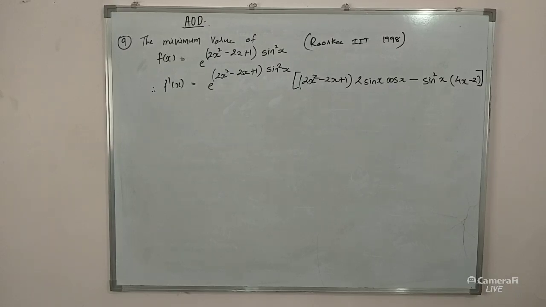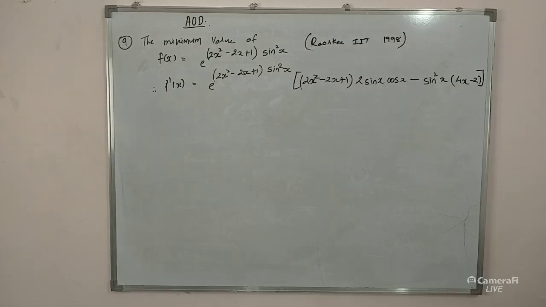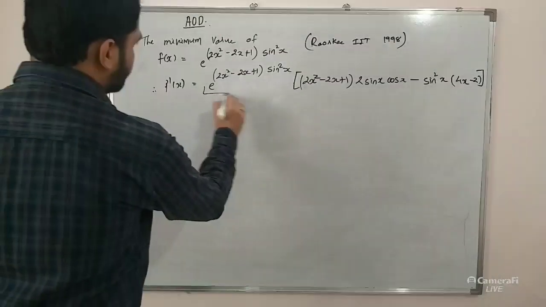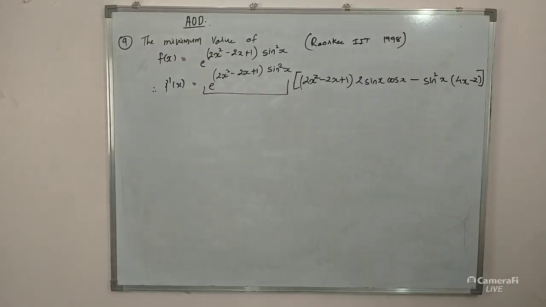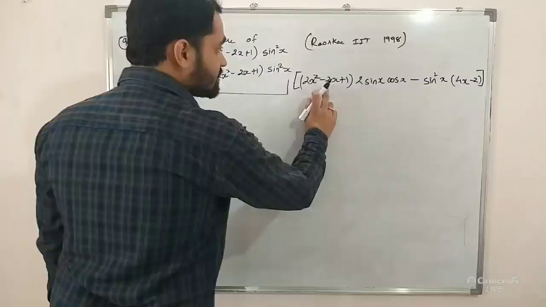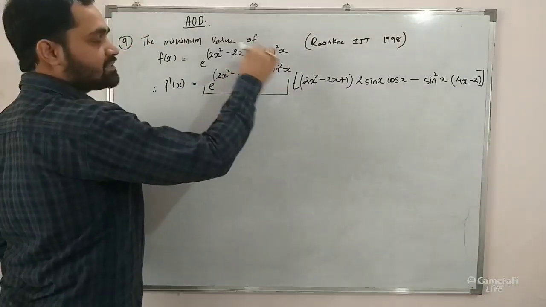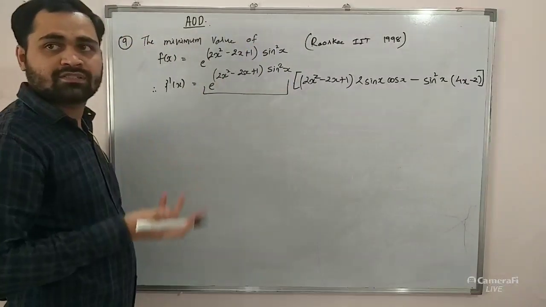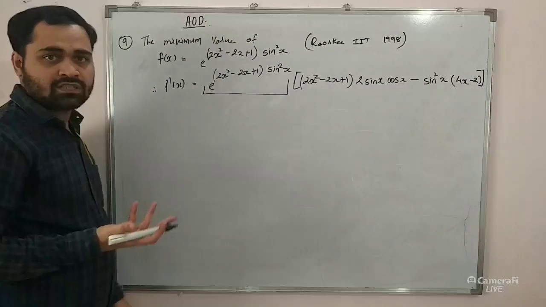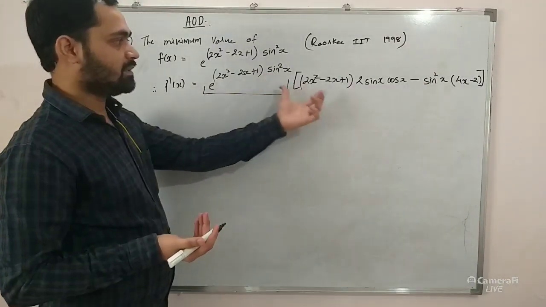Will the value of e raised to x ever be 0? e raised to x never becomes 0, it is always a positive function. So we compare this bracket with 0.